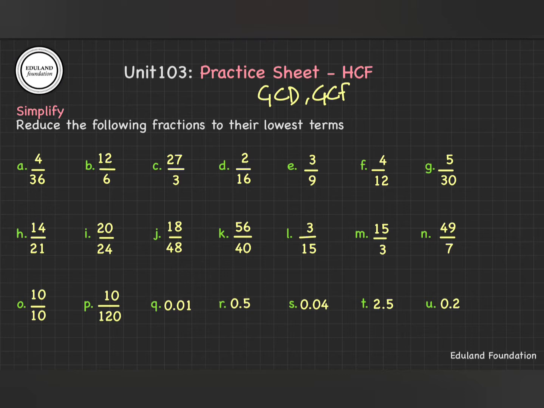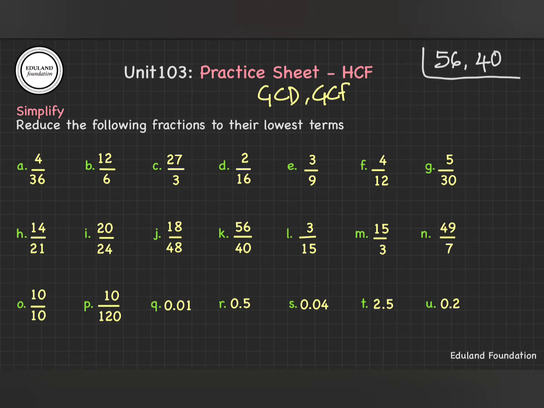So let's take this one, 56 by 40. To solve that, let's start with the HCF part. Let's find the highest common factor of 56 and 40.